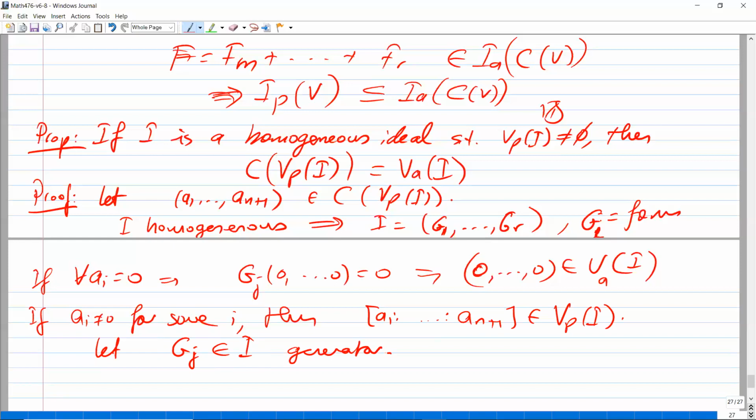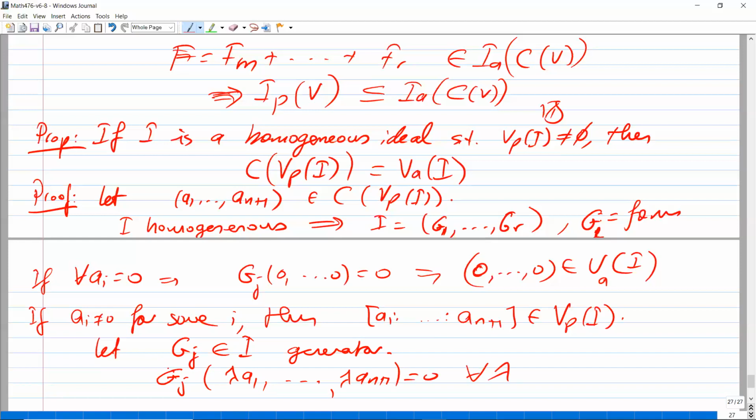Then since this is in VPI, Gj of lambda times A1, ..., lambda times An+1 is 0 for all lambda.